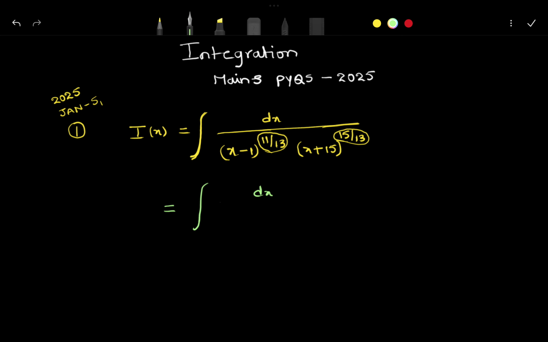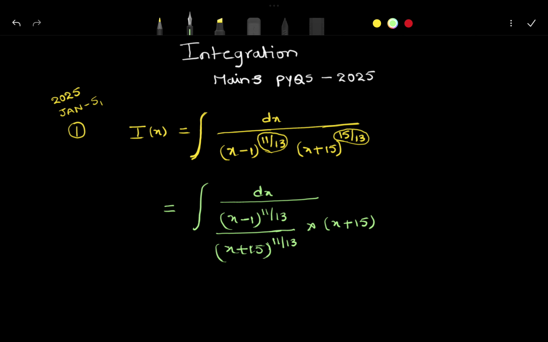That is the integration of dx divided by (x minus 1) to the power of 11 by 13, multiplied and divided by (x plus 15) to the power of 11 by 13. So multiply and divide with this value. Here already you have (x plus 15) to the power of 15 by 13 in the question, into dx.